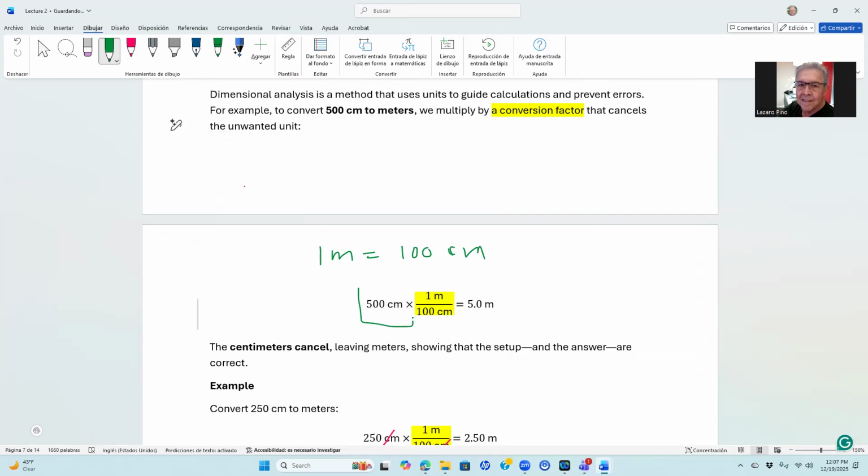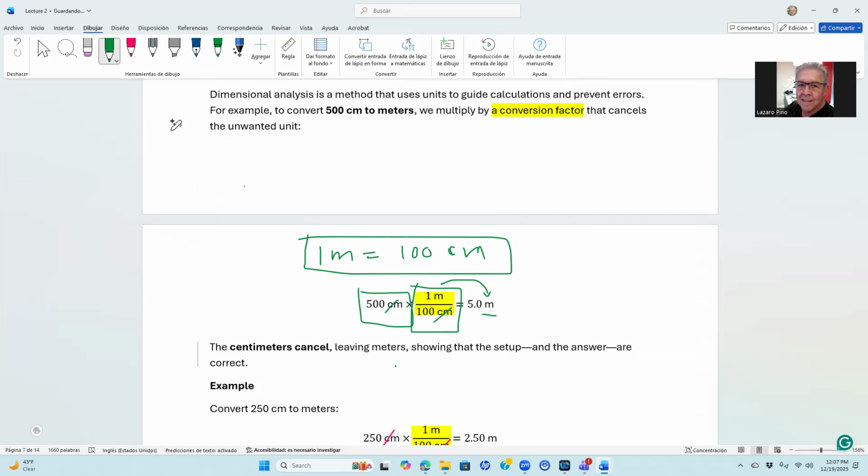The given number is in centimeter. So the best conversion factor that you can make from this is this way, in such a way that you can cancel centimeter with centimeter and your answer is in the unit that you need to report. Okay? Let's continue then.